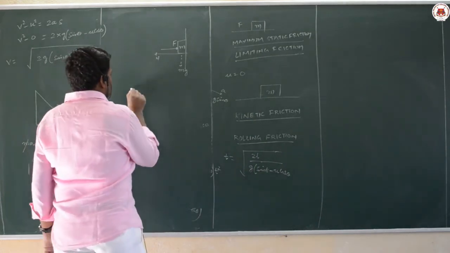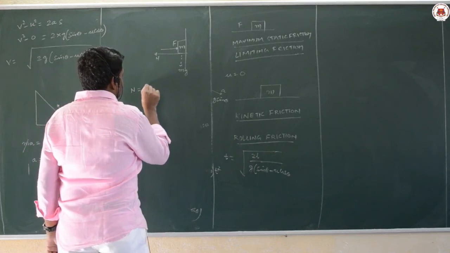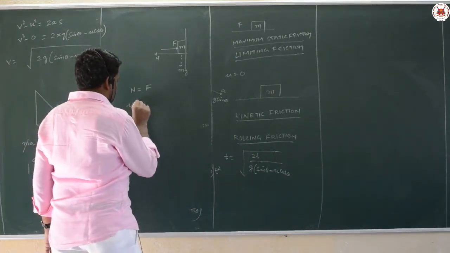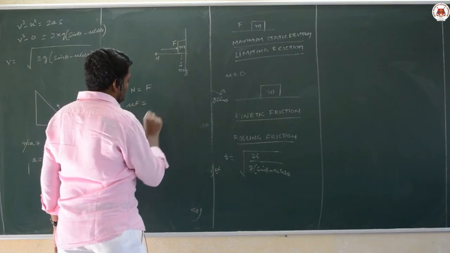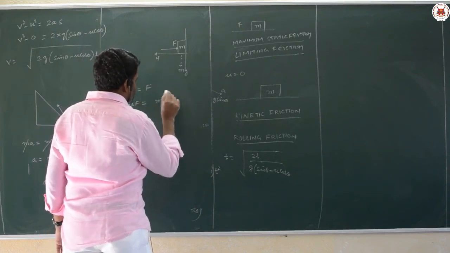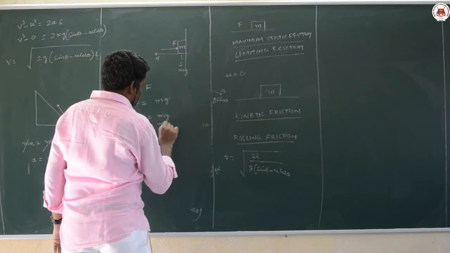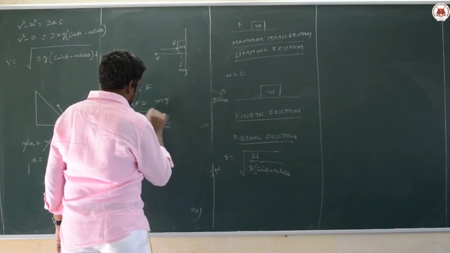So the normal reaction is balanced by the applied force. So mu into F, if the body is at rest, should be equal to m into g, then F is equal to mg by mu. This is the force.